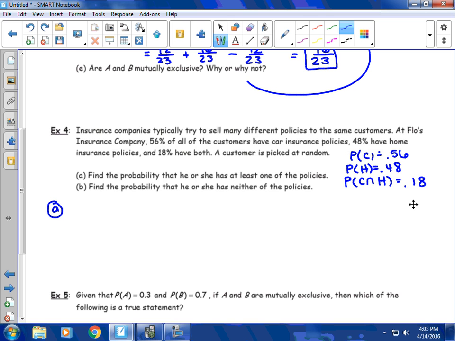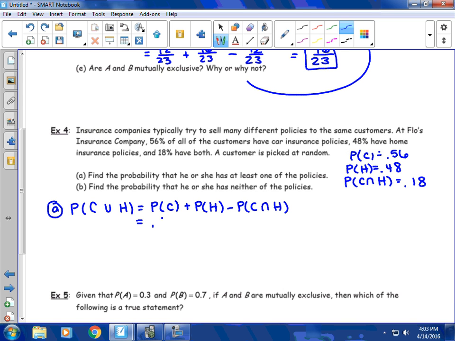So if I want at least one of the policies, that means the probability that they have car or home. And that'd be using the formula. Probability of car plus probability of home minus the probability of car and home.